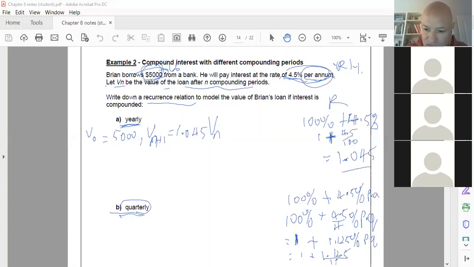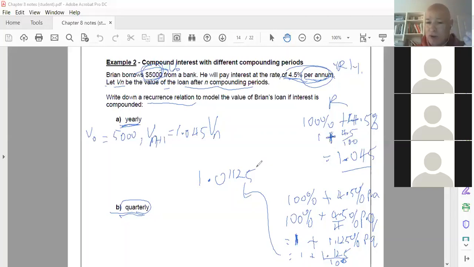I'm going to try and squash it in, and I'll write my answer up here. So 1.125, divide that by the 100 because of the percentage, plus my 1, gives me an answer of 1.01125. Any questions there?